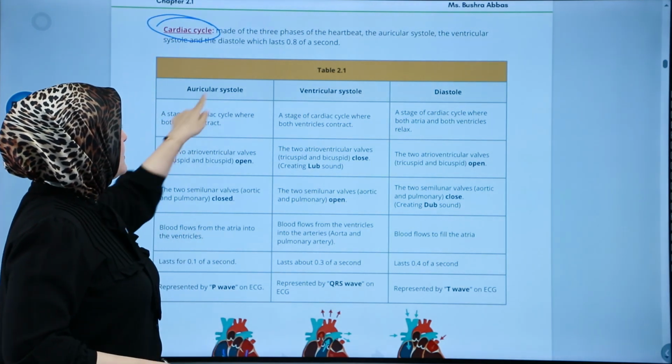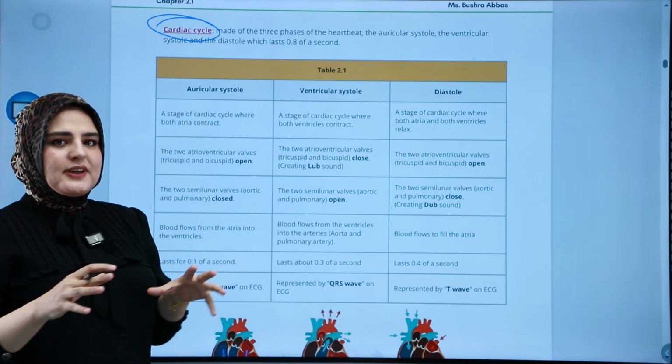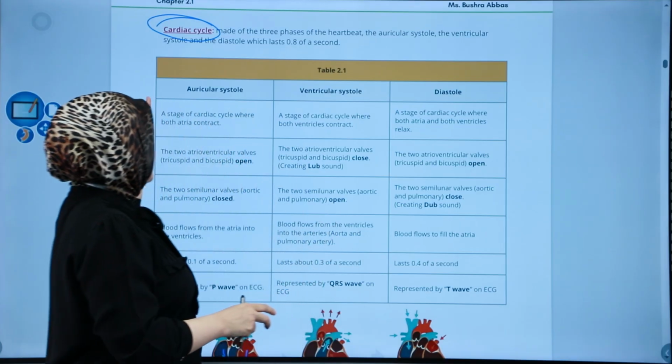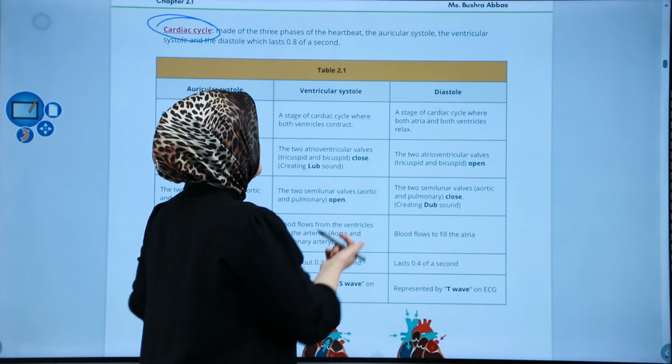All right? If you see here, we have almost 3 phases. And among these phases, it takes about 0.8 seconds to complete from here to here. Now, let's see why 0.8 seconds.